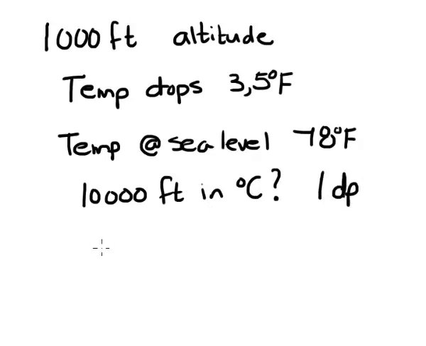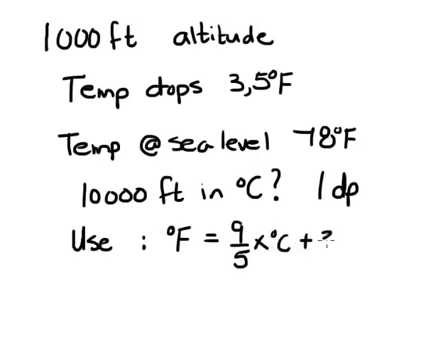Okay, so first they give us a formula, and they say use the formula degrees Fahrenheit is 9/5 times degrees Celsius plus 32 degrees. First of all, we've got to work out what the temperature is going to be at 10,000 feet. Now, for every 1,000, it drops by 3.5 degrees. So how many 1,000s are there in 10,000? We take this, divide it by 1,000, and that gives us 10.